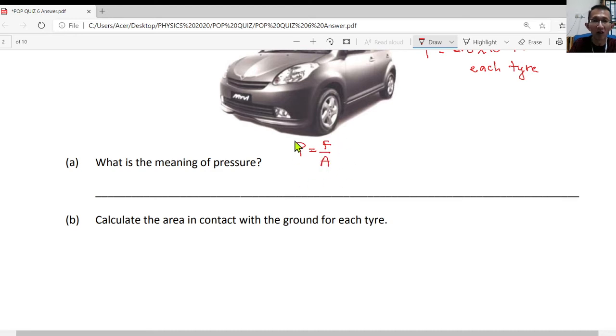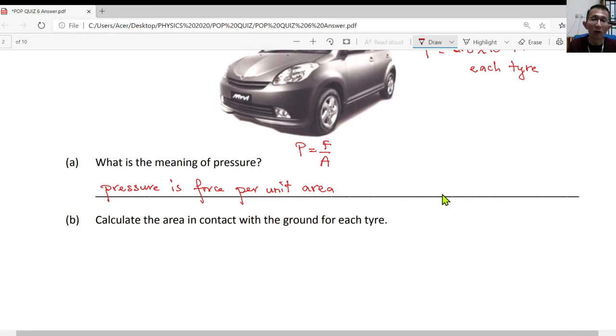So put this into words, then pressure is force per unit area. Simple, right? Even though it's not wrong to write it force divided by area, make it a habit to write pressure as force per unit area.